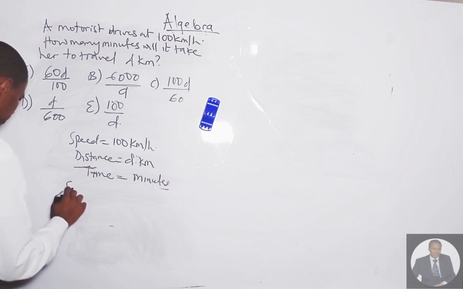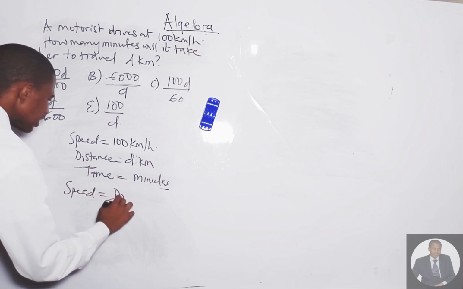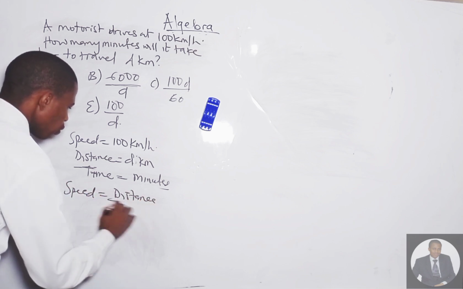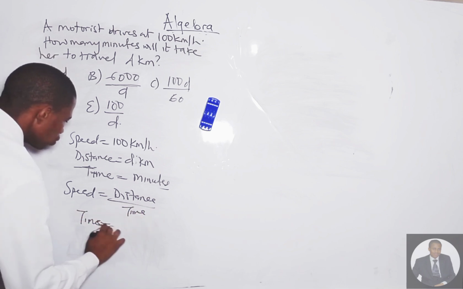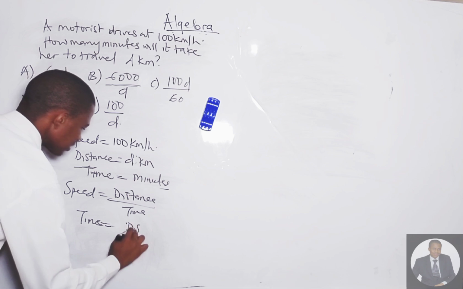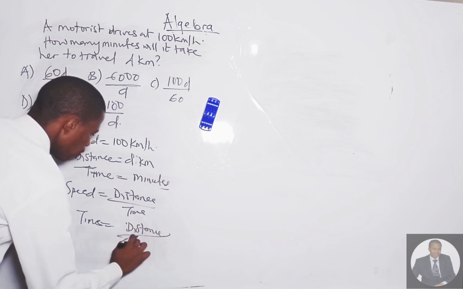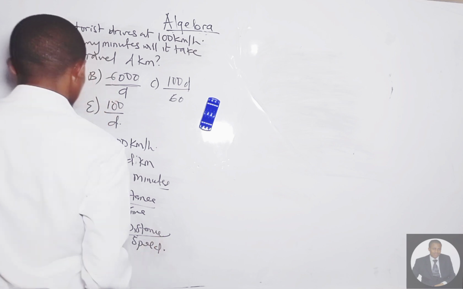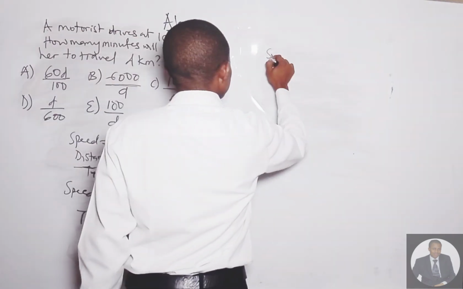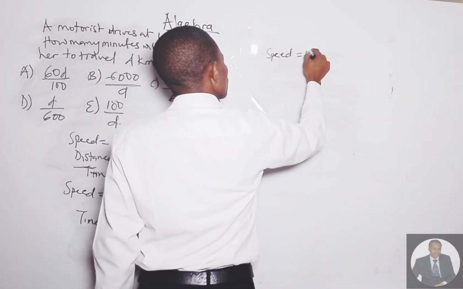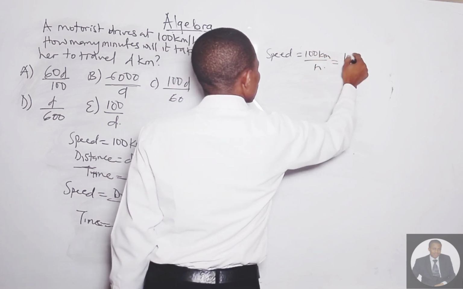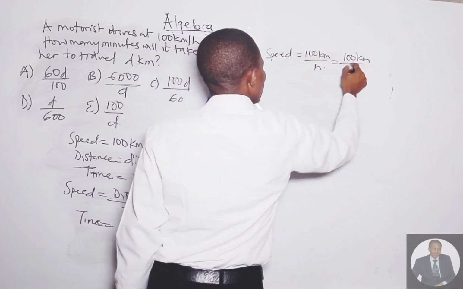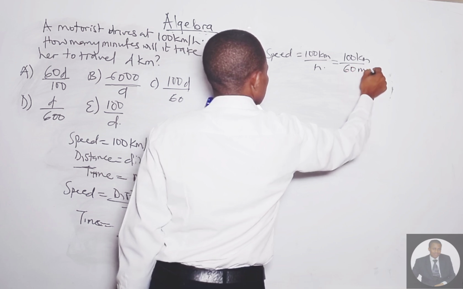Speed equals distance over time. Then time automatically will be distance over speed. Now, our speed is 100 km per hour. It's the same as saying 100 km all over 60 minutes.